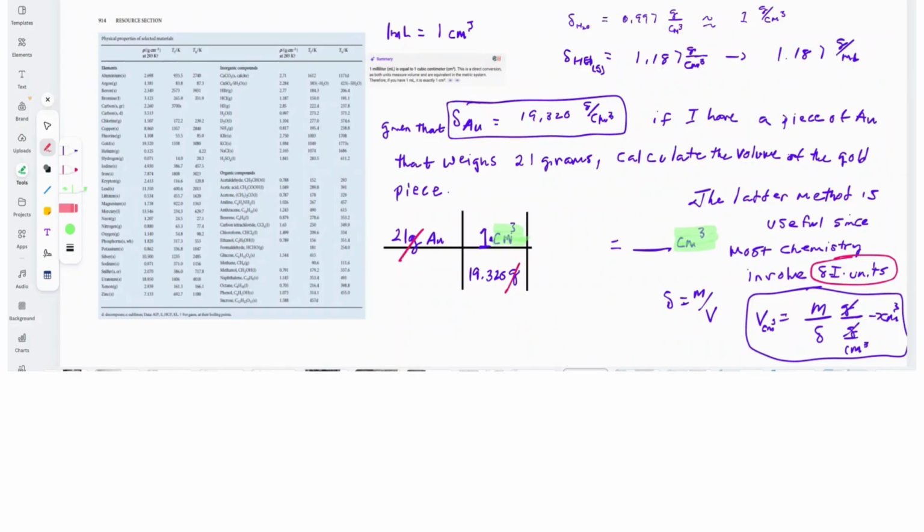Okay, so I'm going to get that calculation. What's that? 19.3. 21 divided by 19,320. Got it. I'm trying to remember the letter when I go to the next screen. So now I've got to go back. I don't care about the decimal. 19,320.